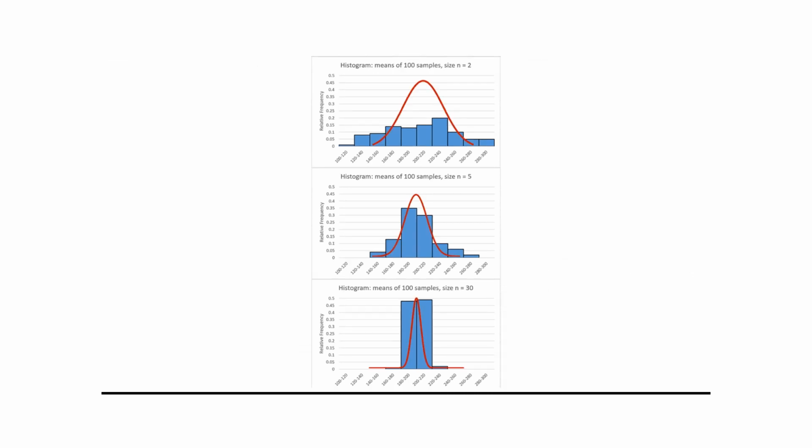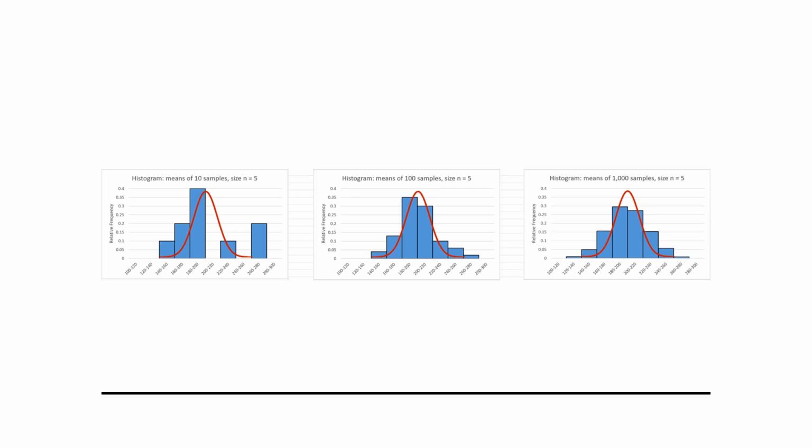Looking at how our sampling distribution changes as we increase the sample size, with 100 samples histograms, we see that as the sample size increases, we're getting sample mean values more and more likely to be closer to the population mean.